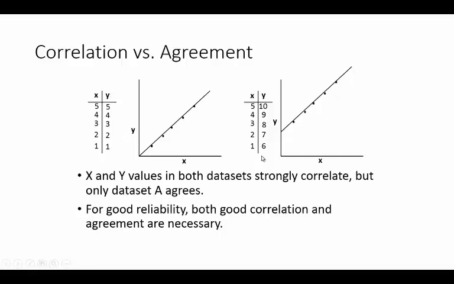So if we want a measure to be reliable, we definitely want both correlation and agreement, not just correlation. And this is how you graph this. This is perfect correlation and agreement. This is correlation but no agreement. There is a huge difference between Y and X. All right?